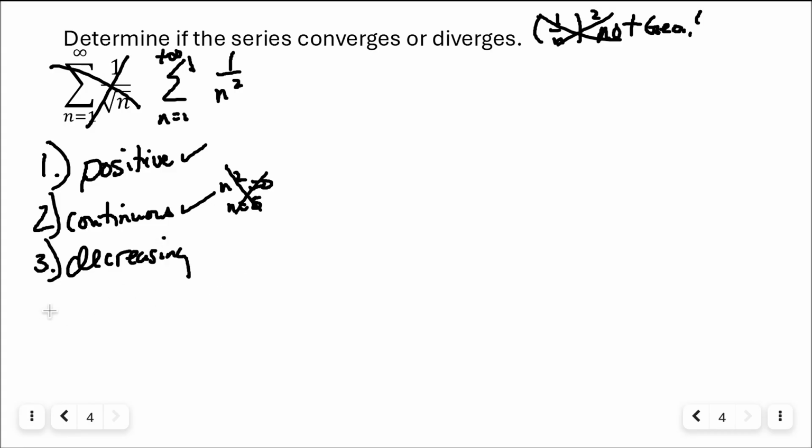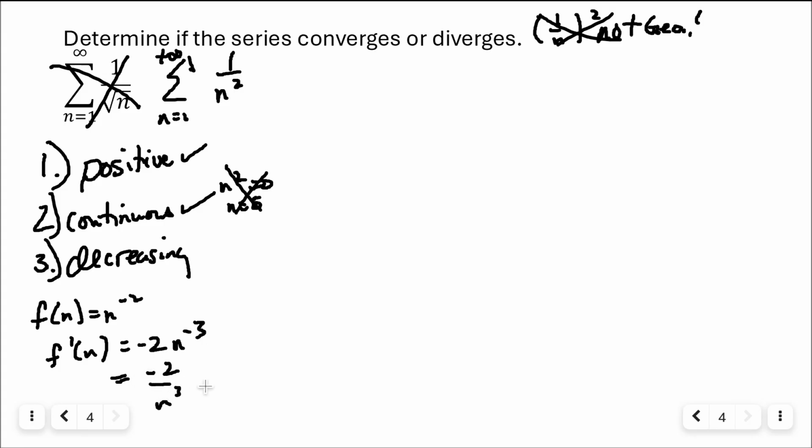To see if it's decreasing, f of n would be n to the negative 2. If I differentiate that, f prime of n would be negative 2 n to the negative 3, or negative 2 over n cubed. That would be undefined at 0.